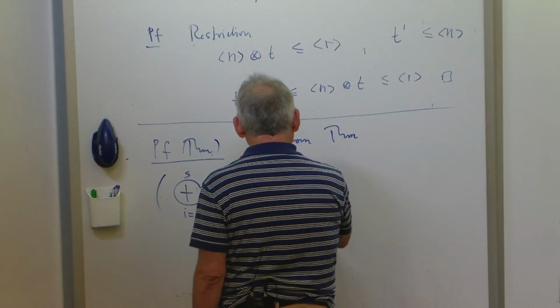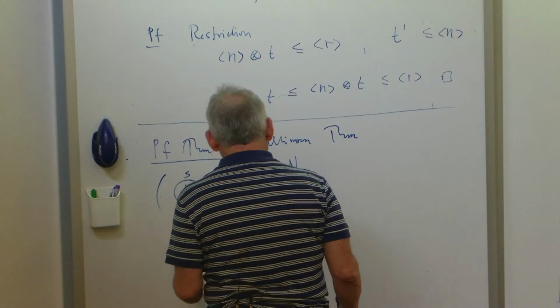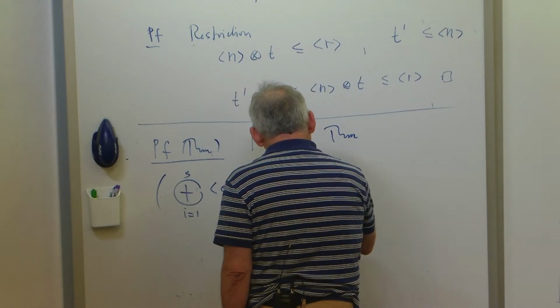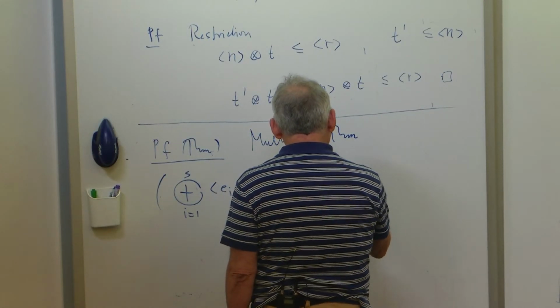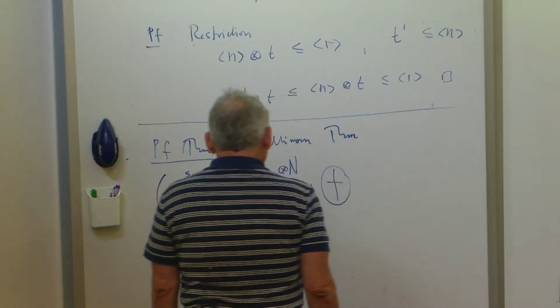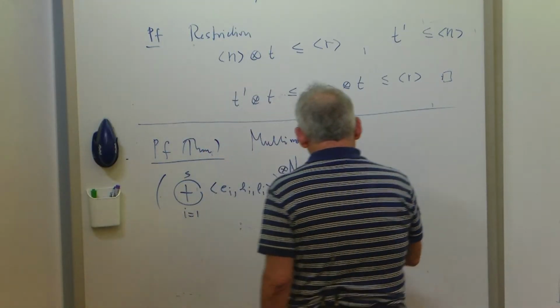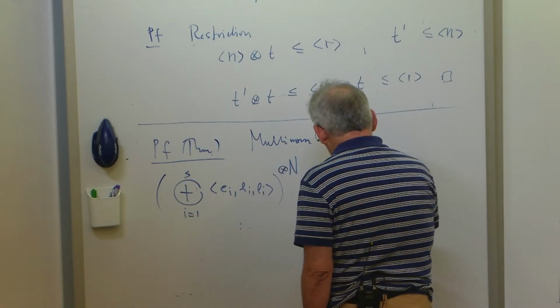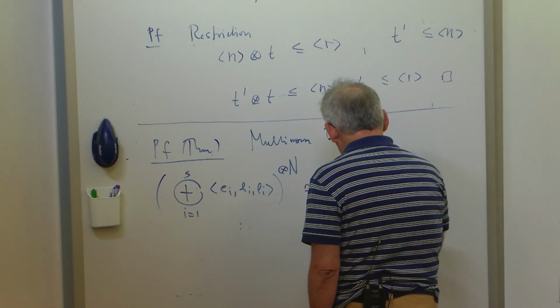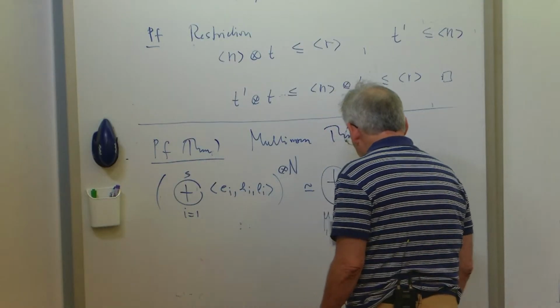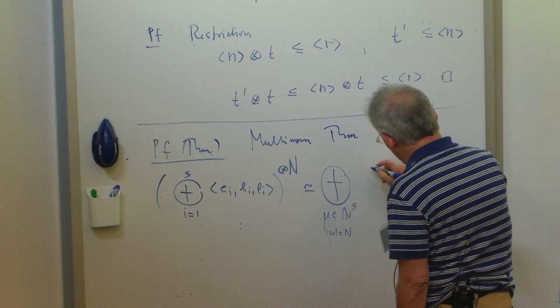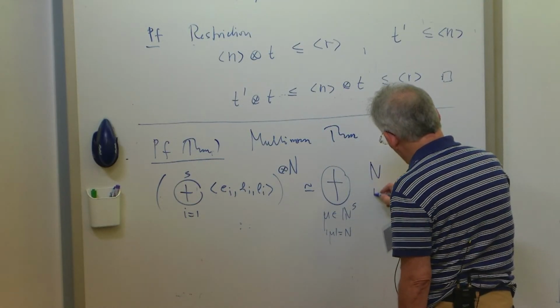So the nth power is isomorphic to this big sum, a direct sum. It's like in combinatorics. I sum over all distributions mu in N to the s, where the sum of the elements of mu is capital N. Then I have this multinomial coefficient, N over mu.